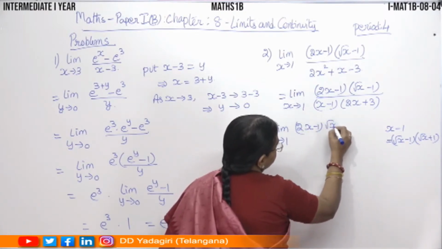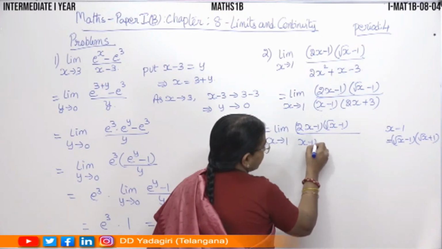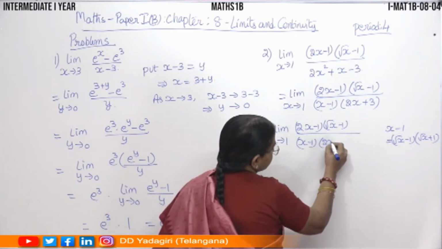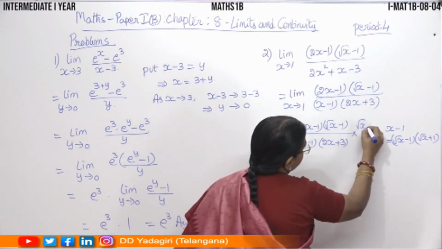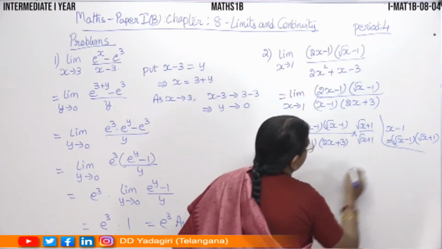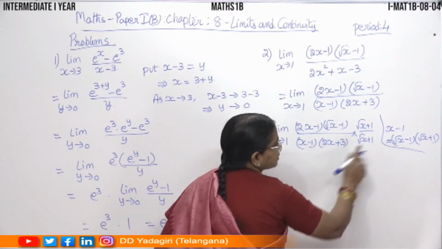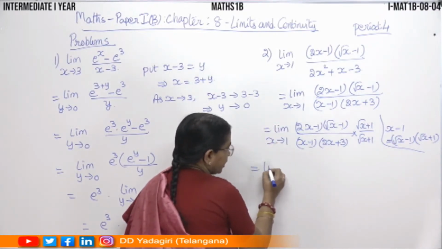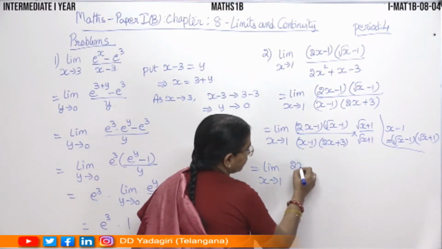Multiply and divide by root x plus 1. When you write like this, then root x minus 1 gets cancelled. So you can try that way. If you have understood that, you can try that method.